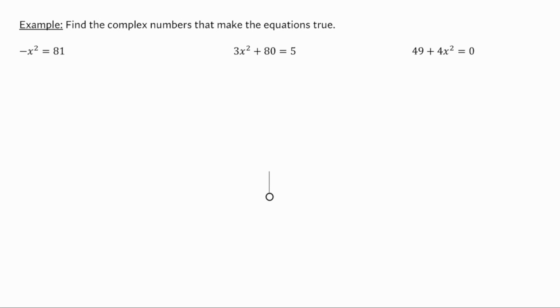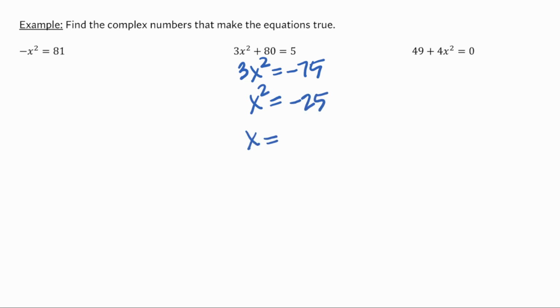I'm thinking I'm going to start by subtracting 80 from both sides of the equation in the middle. So I'll have 3x squared equals 5 minus 80, which is negative 75. Then I'm going to solve for x squared and take the square root of both sides. Divide by 3 and I'll get x squared equals negative 25, and I'll take the square root of both sides.